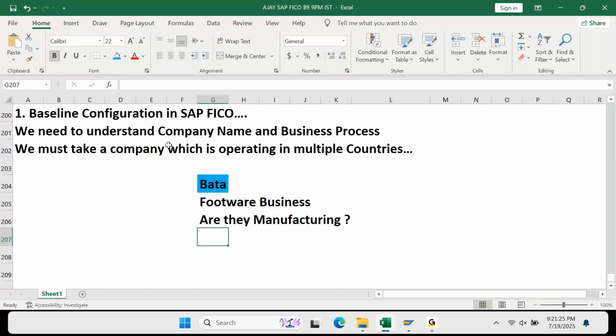Are these two points clear? Manufacturing and purchasing. Otherwise, you will not get the product in your warehouse, right? You will not get the product in your stock to sell it to the customer.